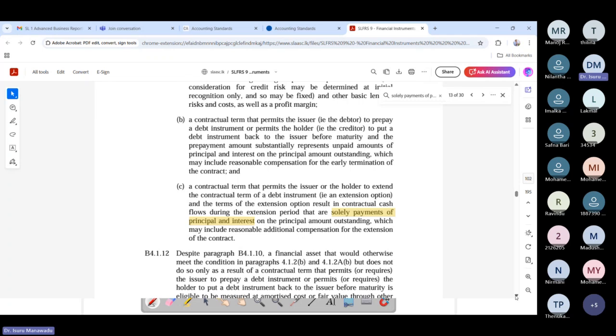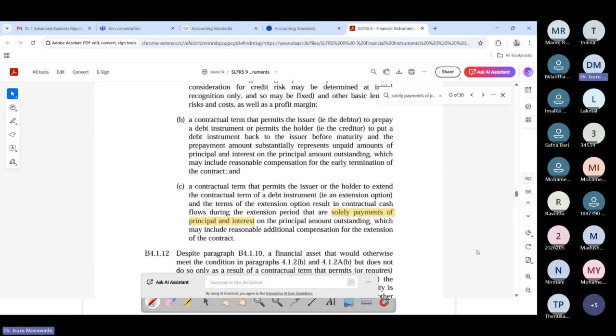And the terms of the extension option result in contractual cash flows during the extension period that are solely payments of principal and interest on the principal amount outstanding, which may include reasonable additional compensation for the extension of the contract, right? So that option is also there: if the period is extended, then additional reasonable compensation should be there. Right. These are some examples of solely payments of principal and interest.